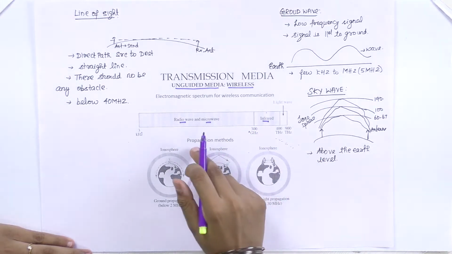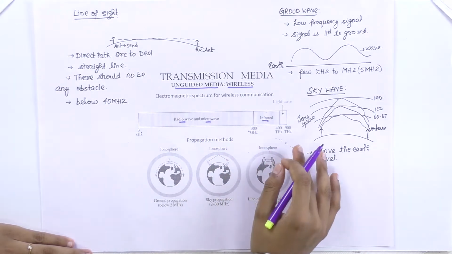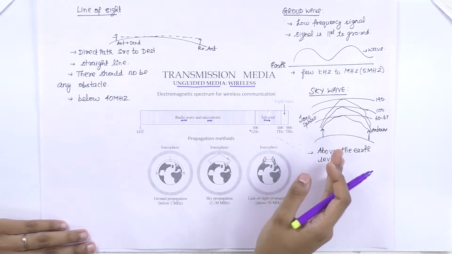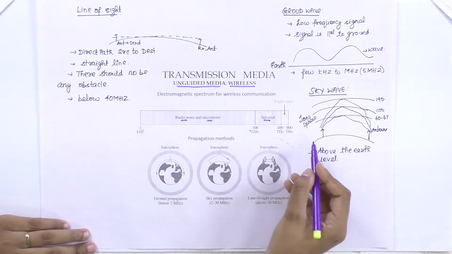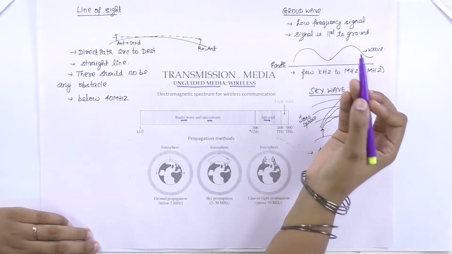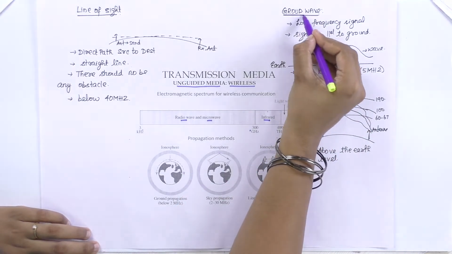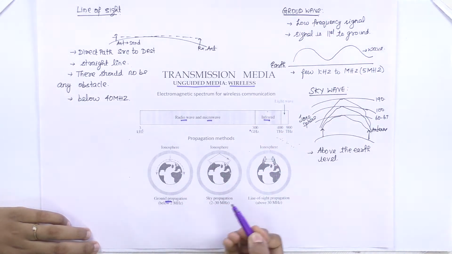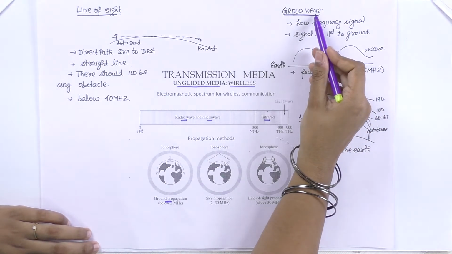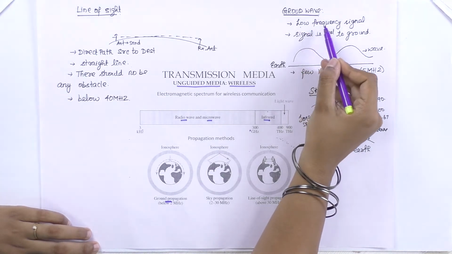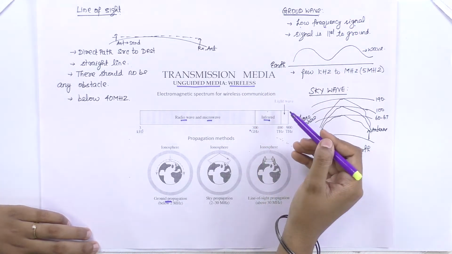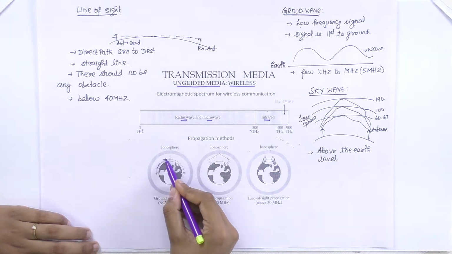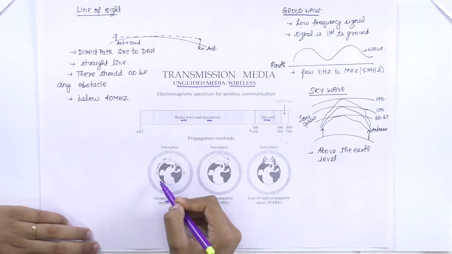In this also we have some propagation methods where your electromagnetic waves propagate through the air, that is the upper level above the earth. So first one will be your ground wave propagation. This ground wave is a low frequency signal, which means that the electromagnetic waves traveling across here should consider only the low frequency signals.